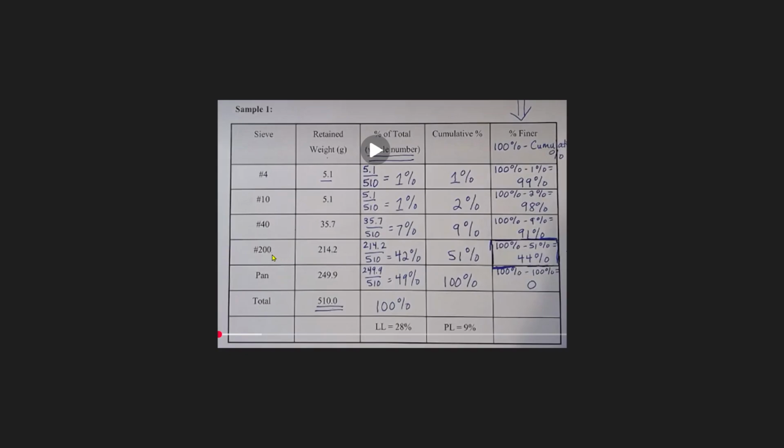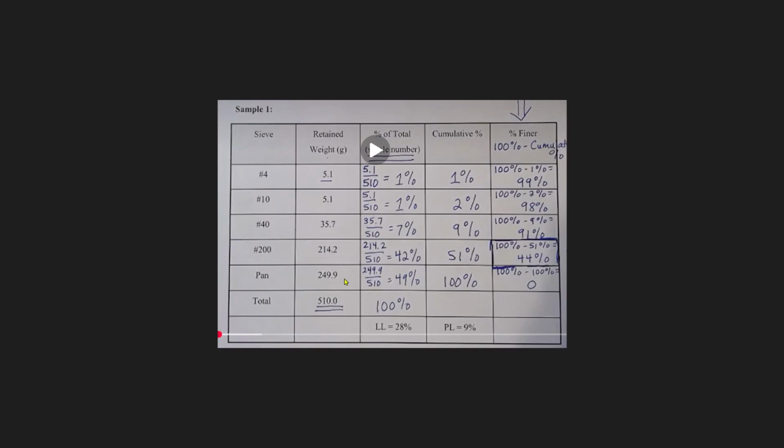Going on down, we're down to the 200 sieve, and this is 214.2 grams retained in the number 200 sieve. And so that's 214 and 2/10 divided by 510, which gives us 42%, but we've got to add this 9%, so we have 51% cumulative retained.